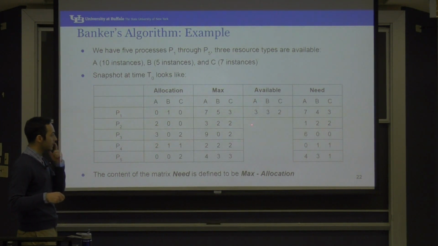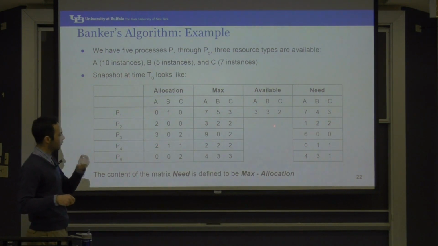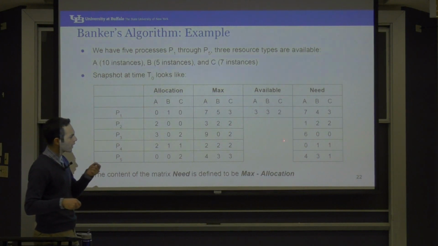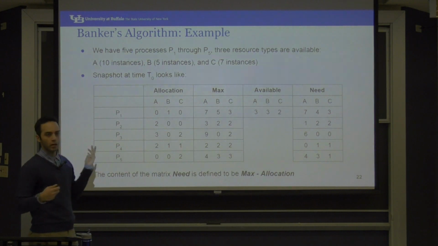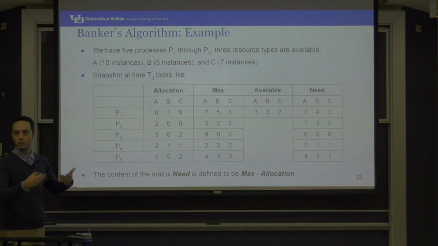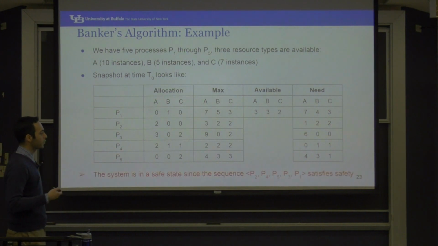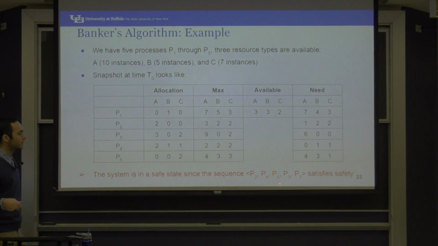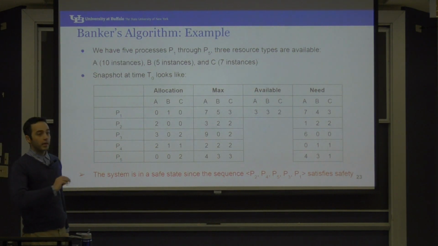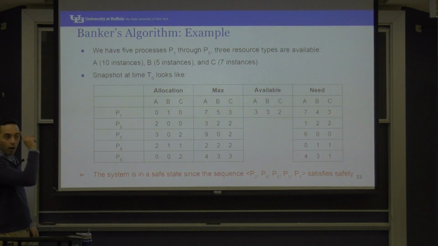Now we will have 7, 4, and 3. With 7, 4, and 3, this can run, and this can run, and basically all of them can run after that, because the resources will get released and more, right? So once we're past that point, we can find the sequence that works. Again, this may not be unique.